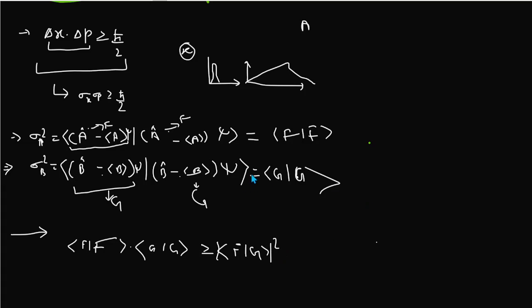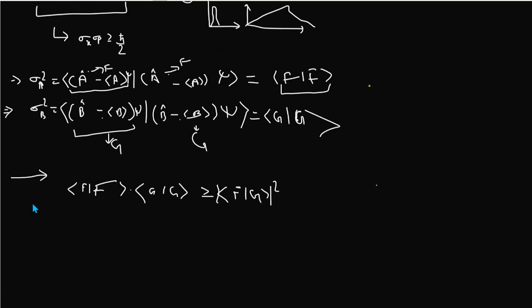You can see that the inner product between F and F is equal to the variance of A square. It means our left hand side can be written in a very simple fashion as sigma A square multiplied by sigma B square, and it is greater than or equal to the mod of the inner product between F and G, whole square.